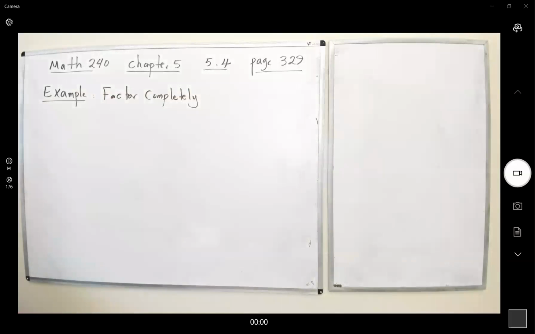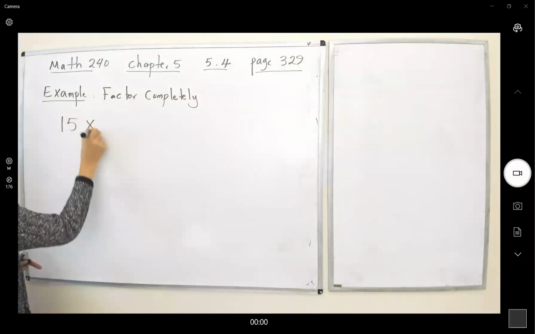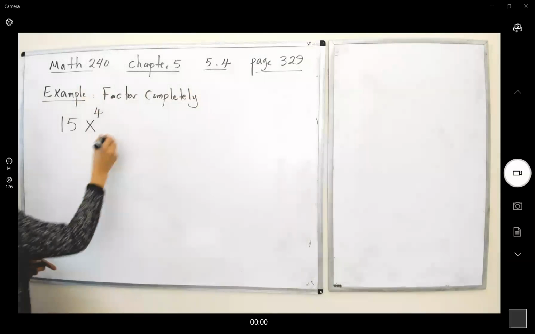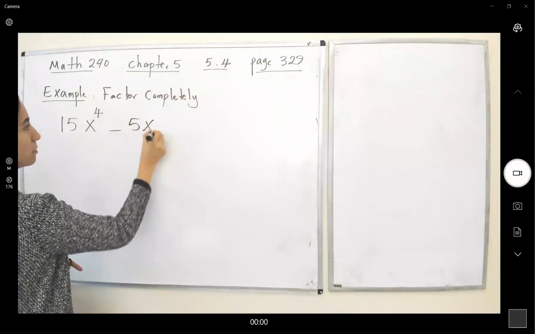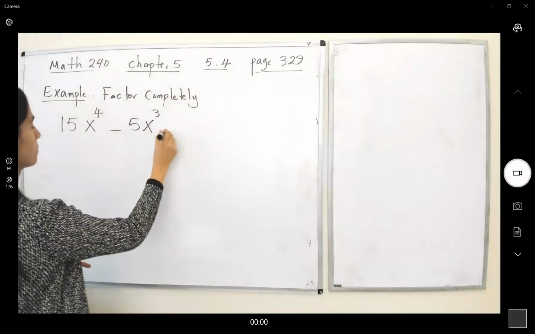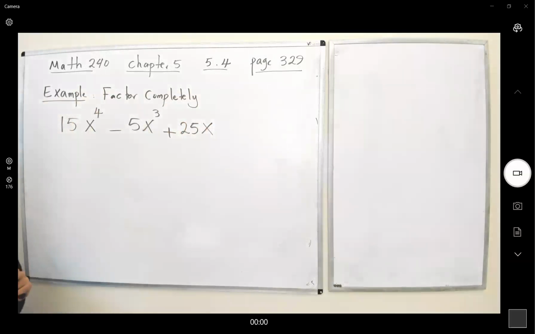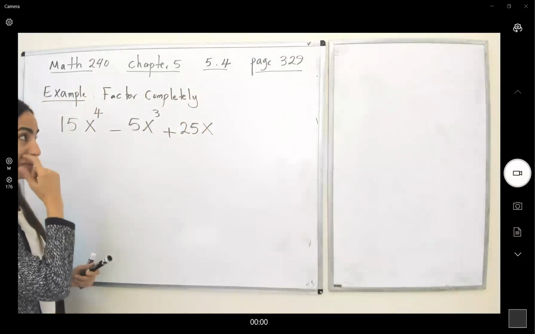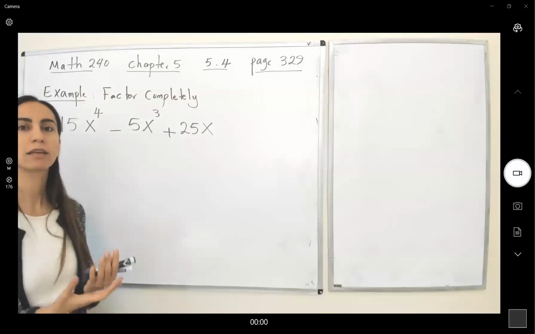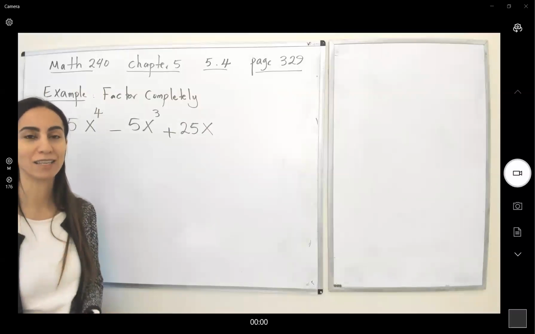Your expression is 15x to the 4th minus 5x cubed plus 25x. Very good. So your first step is to find the common factor, also the greatest one.